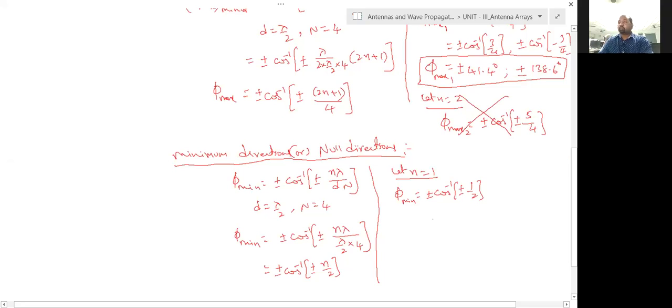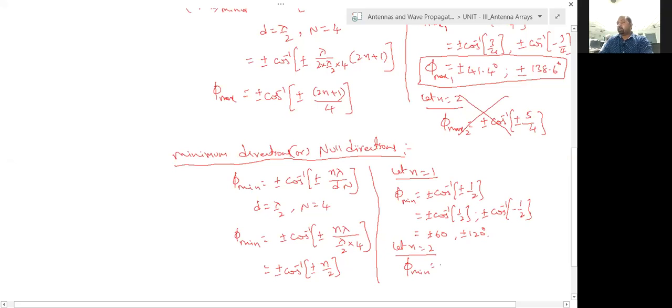This is equal to plus or minus cos inverse 1 by 2 and plus or minus cos inverse minus 1 by 2. So this is equal to plus or minus 60 degrees and plus or minus 120 degrees. And now let n is equal to 2. Let us see whether it is possible or not.